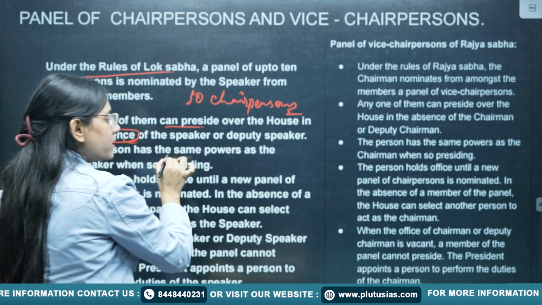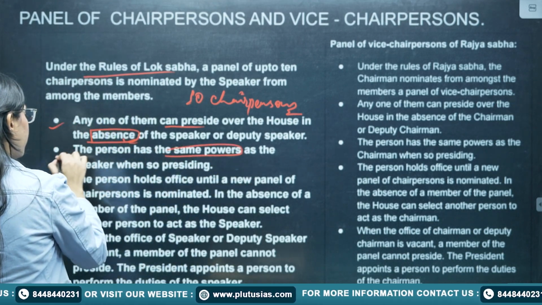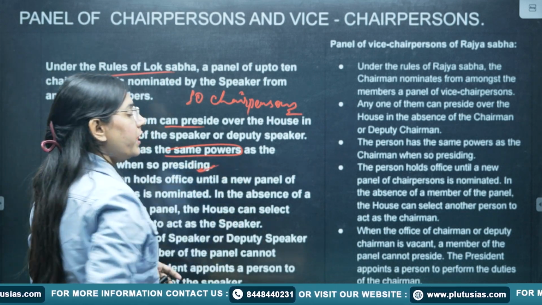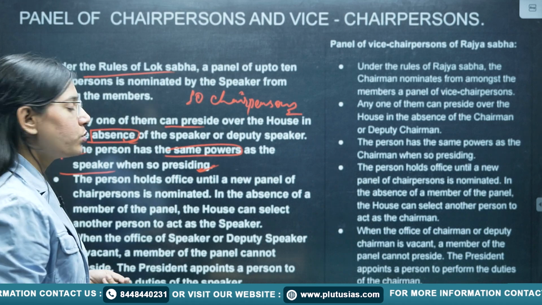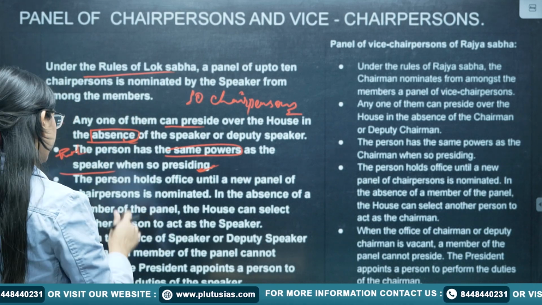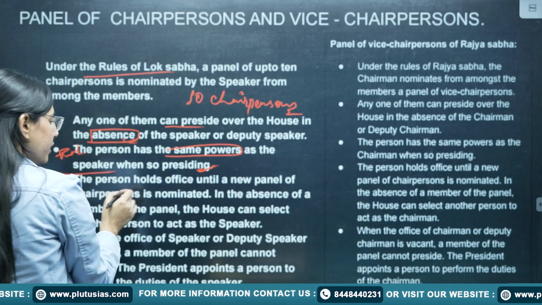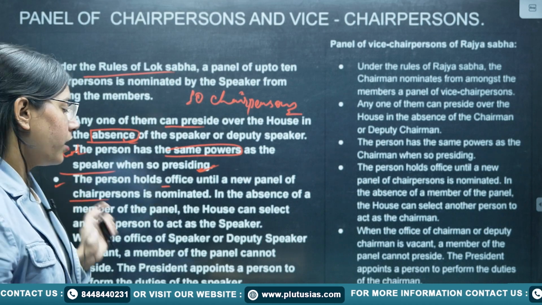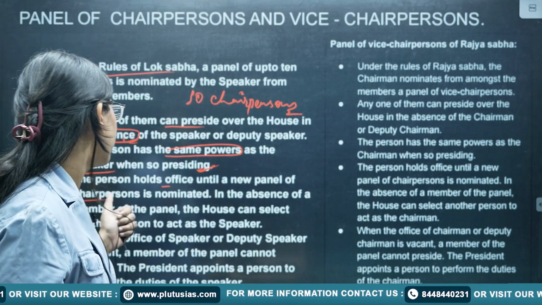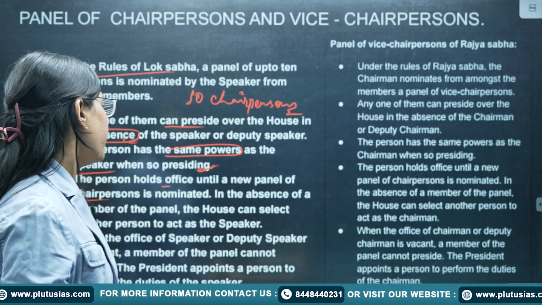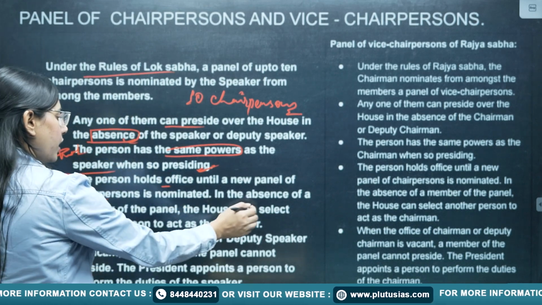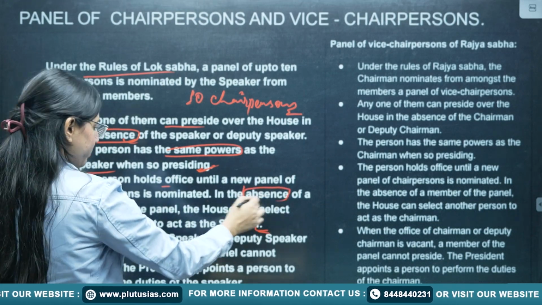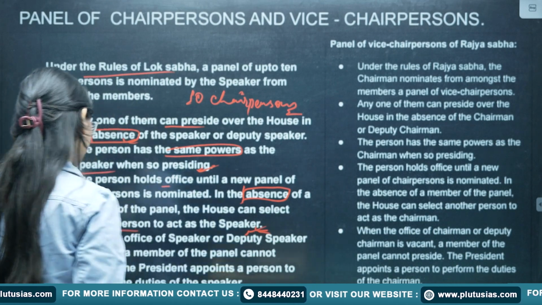That person has the same power as the Speaker when so presiding. That person will hold the office until a new panel of chairpersons is nominated. In the absence of a member of the panel, the House can select another member to be a Speaker.